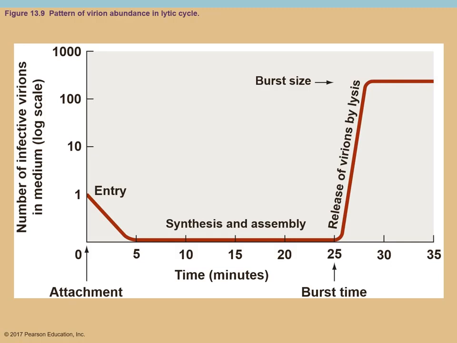But in 25 minutes, you're releasing new viruses. How many new virus particles are made? Once again, it depends on the virus you're talking about. It can be anywhere from 50 to 200. So let's just say in 25 minutes, it's released 100 new viruses. What happens to each one of those 100? They each go infect a new cell.